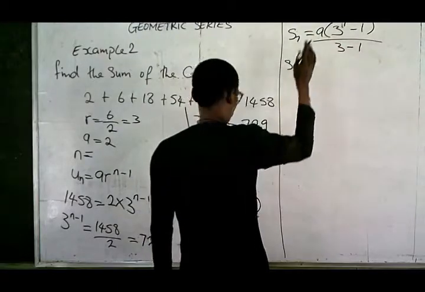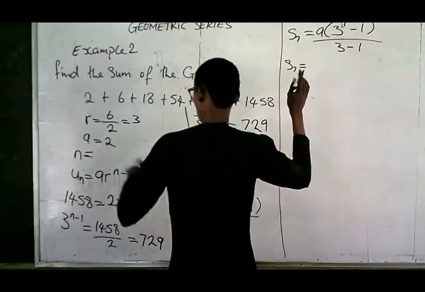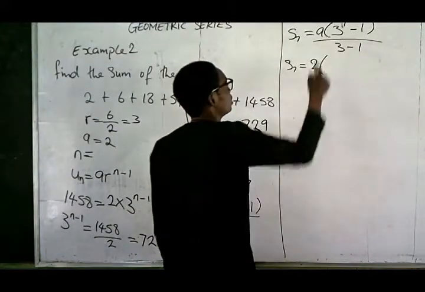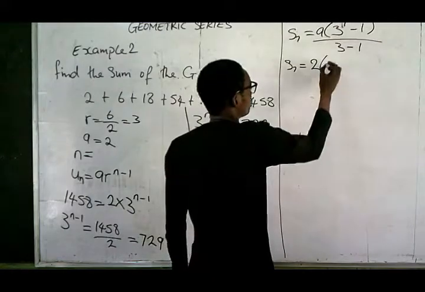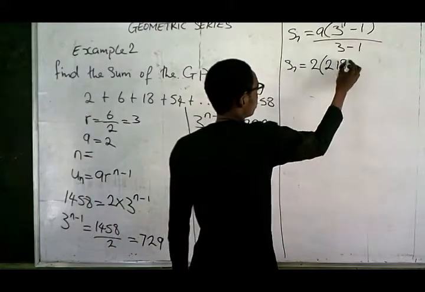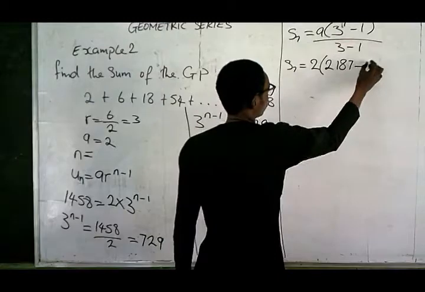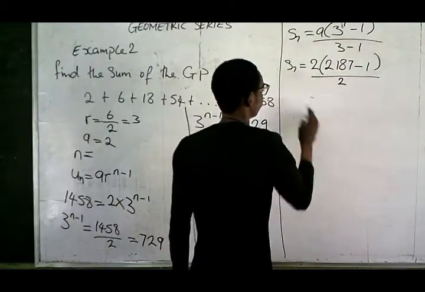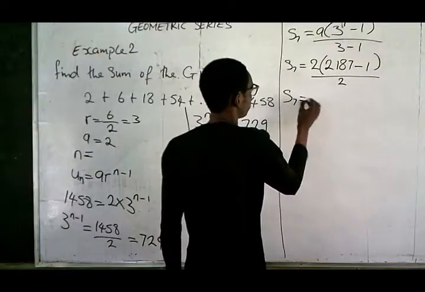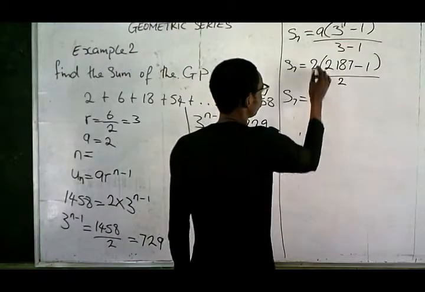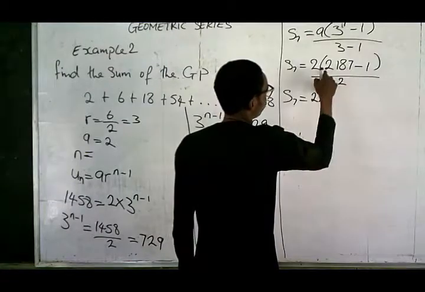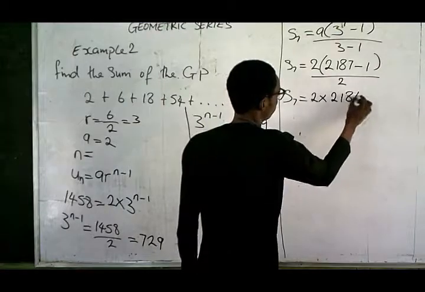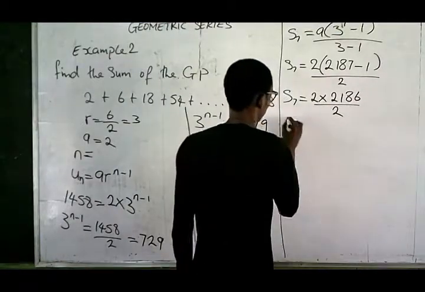S7 equals to, right now, a is equal to 2. So 2 times bracket 3 raised to power 7 will give me 2187. Then minus 1, all over 3 minus 1, which will give me 2. Therefore, S7 equals to 2187 minus 1 will give me 2186 divided by 2.